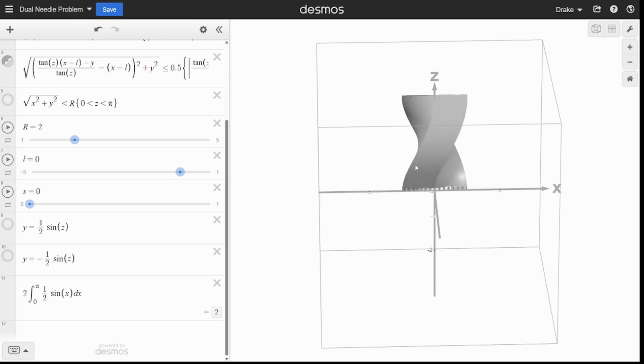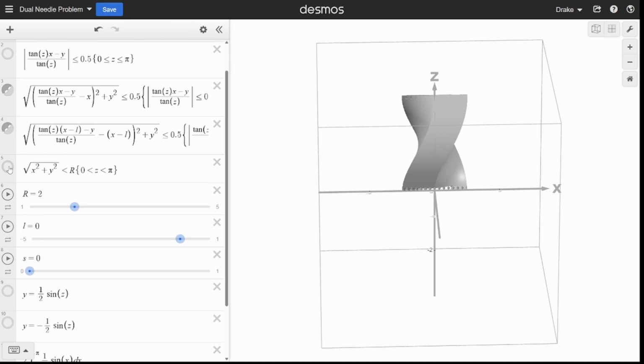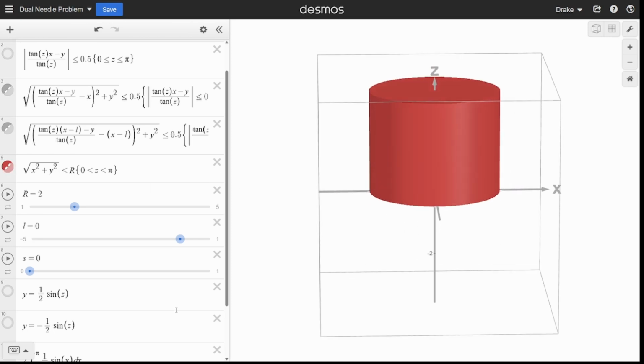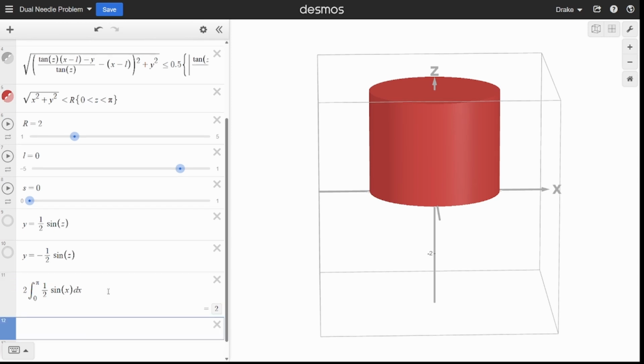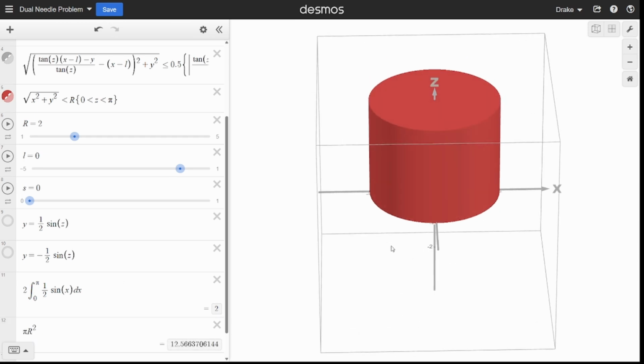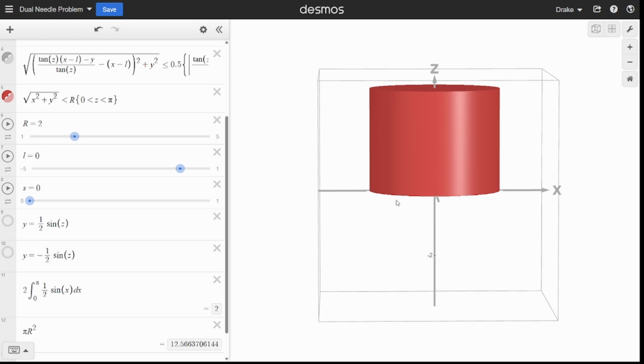So we know the volume of the shape is 2. Now all we have to do is find the volume of this whole cylinder. Well, the cylinder's volume is just the base multiplied by the height, or the surface area of the base, I should say, multiplied by the height. So the surface area of the base is pi r squared, and then multiplied by the height, which is pi, that simplifies down to pi squared r squared.